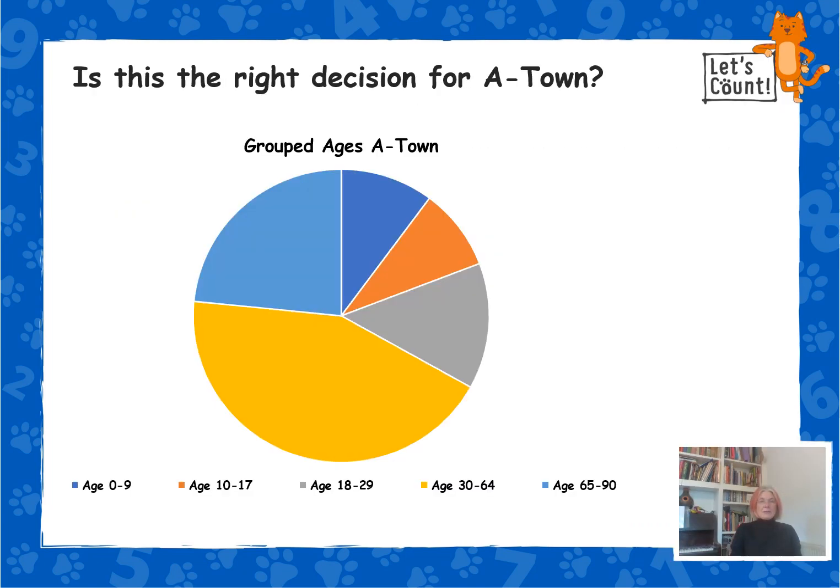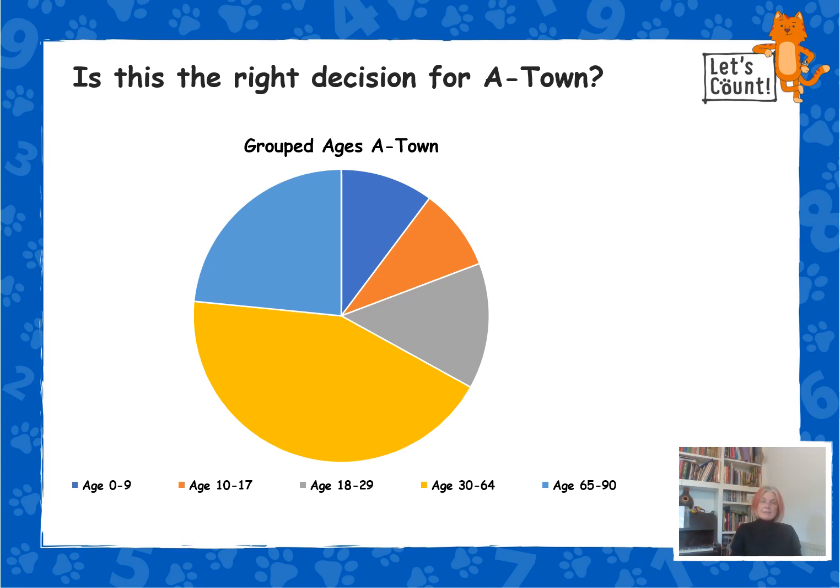Here is some information from the 2011 census from a real place that we're going to call A Town. It is a pie chart, which I hope you'll have seen before, and it shows us age groups of the people who live here. The bigger the piece of the pie chart, the more the number of people in that age group. Working round clockwise from the top, sort of 12 o'clock, we have the 0 to 9-year-olds, the darker blue section.